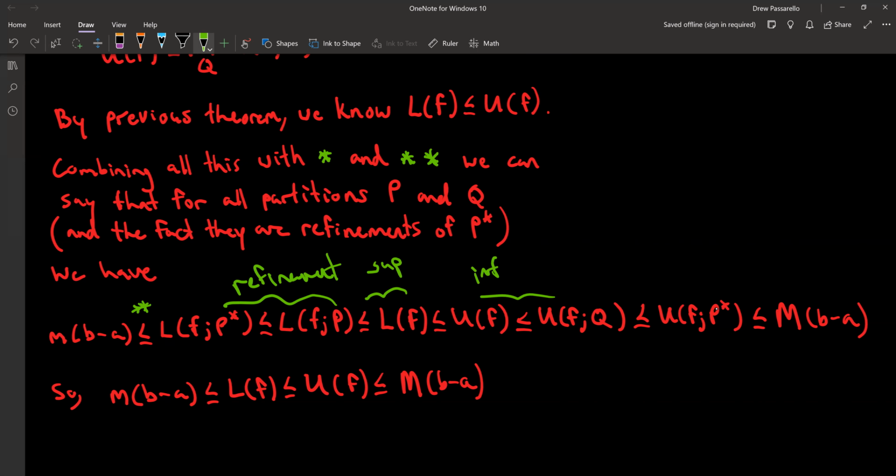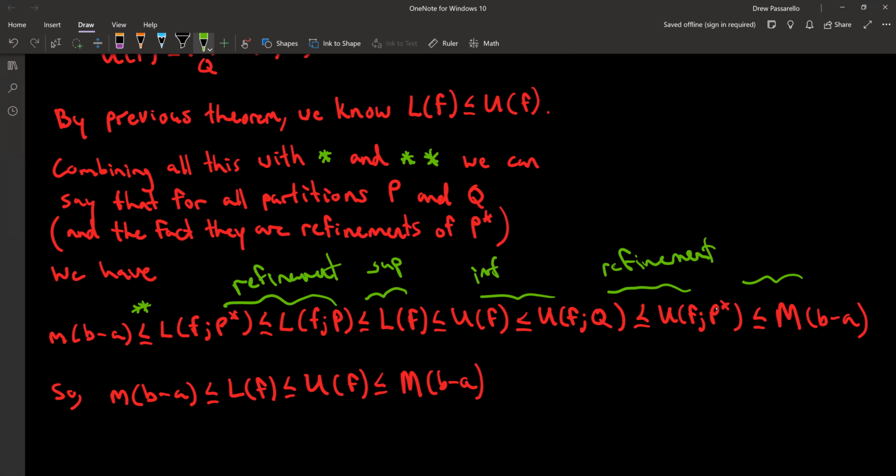But then we know all partitions Q are a refinement of partition P star. So the upper sum with Q is less than or equal to the upper sum of P star, our 2-point partition. So that's because of the refinement. But then we know that the upper sum of P star is less than or equal to capital M times b minus a.